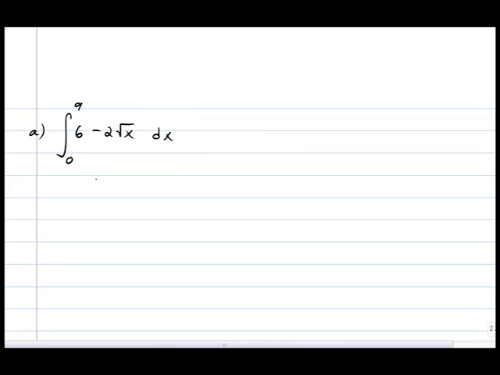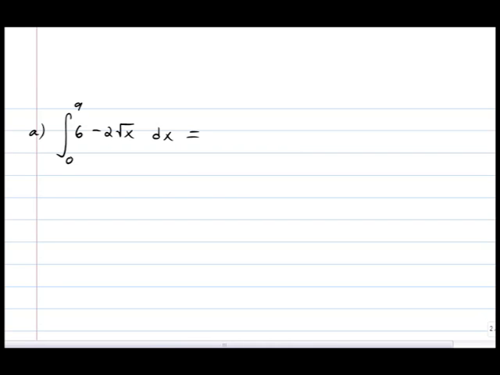So we'll go down. Evaluate this integral. What do we want to do? Plug in 9. Plug in 9. Where? Right now? What should you do first? Yeah.